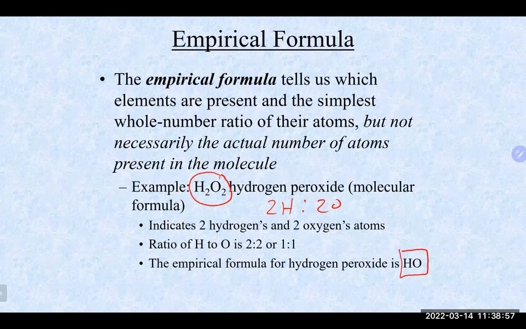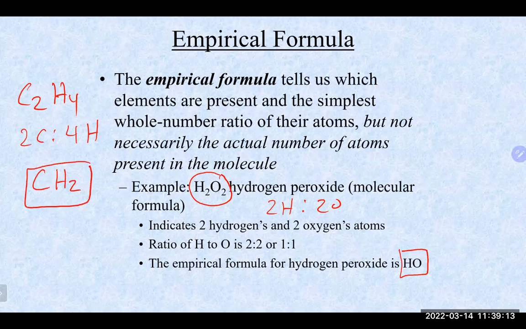Same thing if we had C2H4. This is basically 2 carbons for every 4 hydrogens. You could reduce it down by 2 and get an empirical formula of CH2, which would be the simplest whole number representation of what is present.